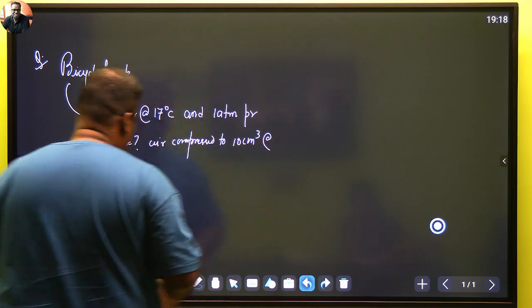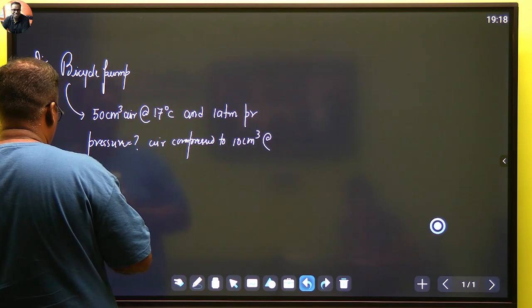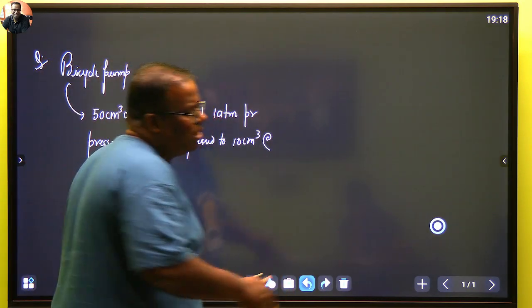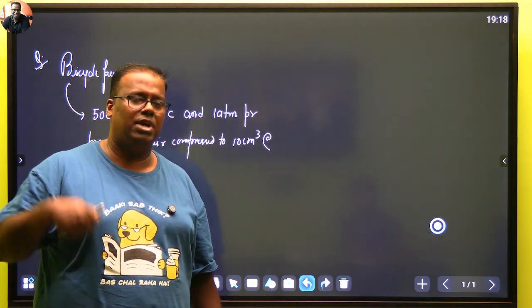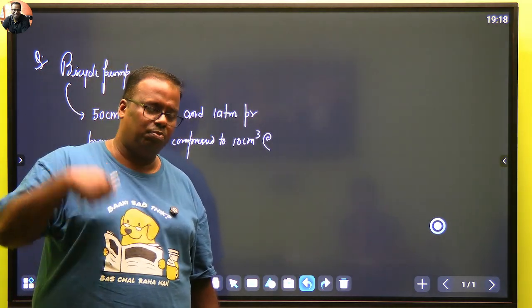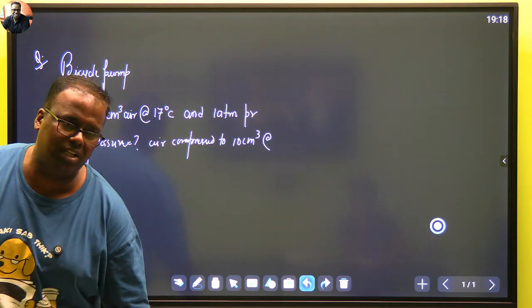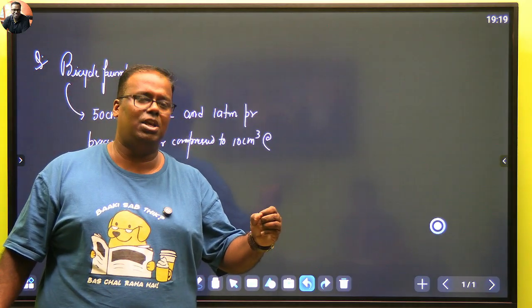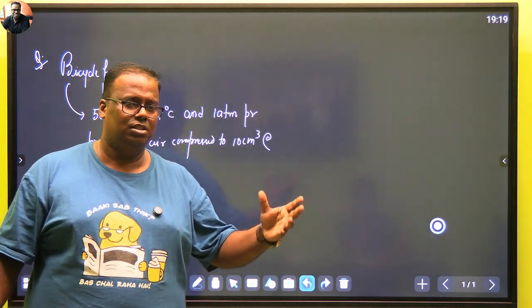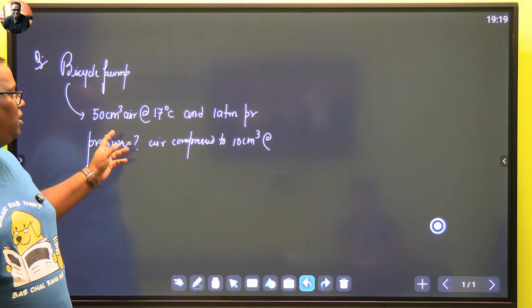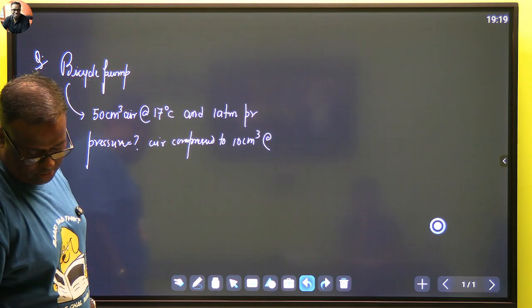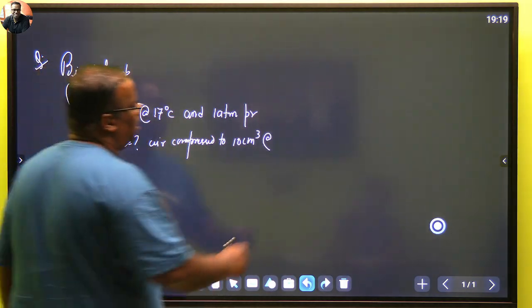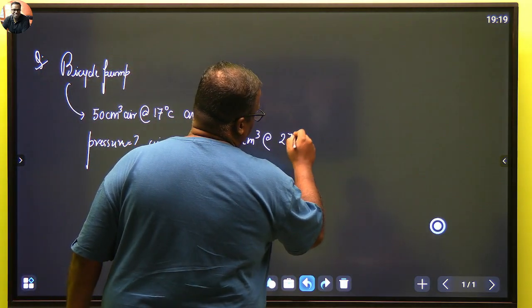Have you inflated your bicycle tire ever? If you go on pressurizing your bicycle tire, have you touched that pump at that time? Kya hota hai? It's hot. So you are now compressing air. Apply common sense always. So the temperature should go up. So the temperature definitely goes up, and is at 27 degrees Celsius.